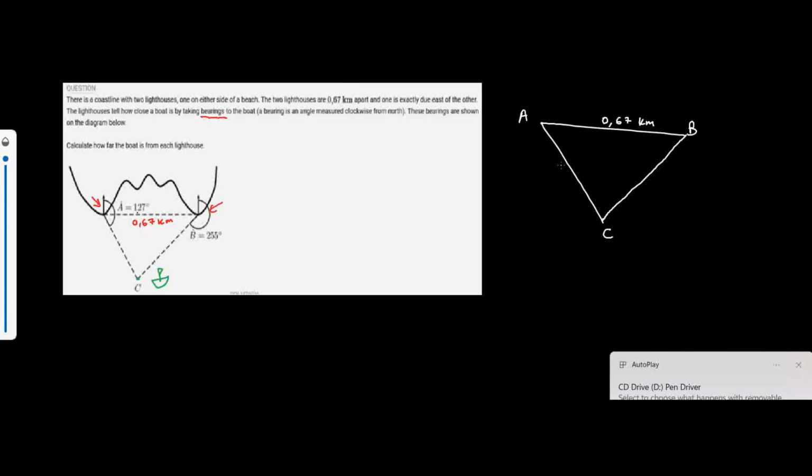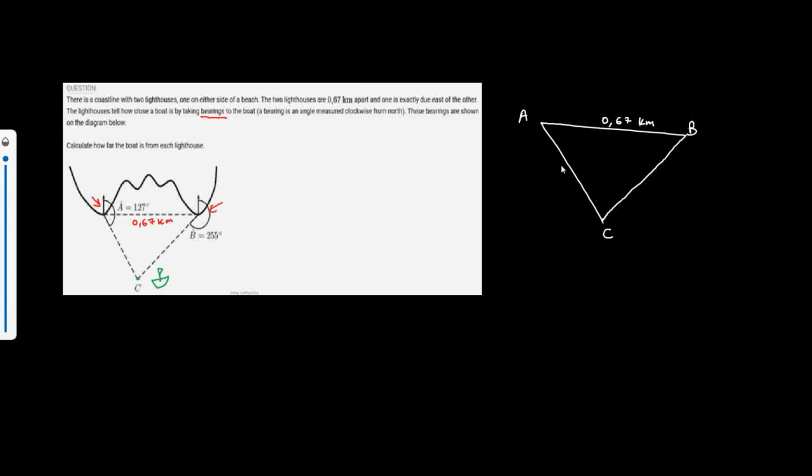Now, this angle here is 90 degrees. How do I know? It's perpendicular to AB. This is north, this is a perpendicular line. So what will the remaining angle be?